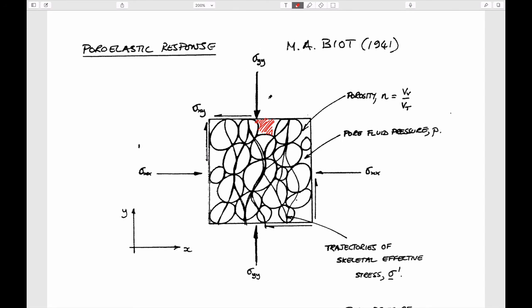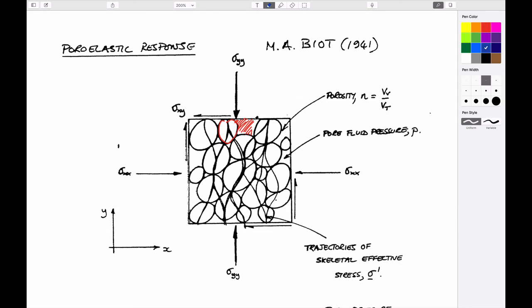When you apply a load to this assemblage of grains, physically what you can imagine happening is that the forces transmitted through this will really pass through the intergranular contacts. If you imagine these as force chains, or force trajectories, these little lines that go through here, you see that they go through the individual grain-grain contacts. And that is what carries the load through the system.